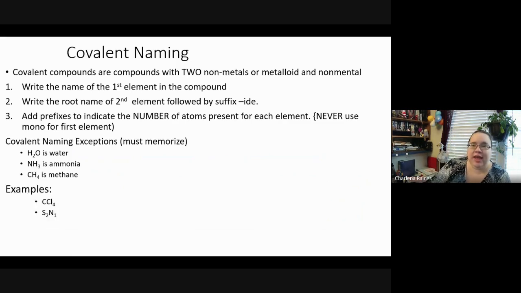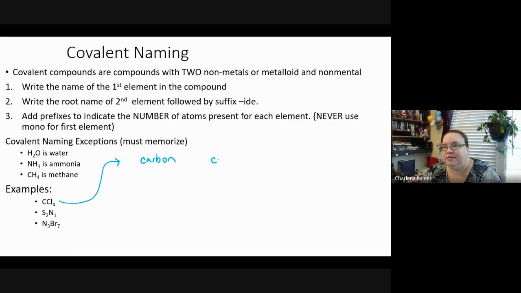So let's look at three quick examples. So example number 1, CCl3. So notice two uppercase letters. Covalent compounds are all binary. They all have two atoms. So I'll write the name of the first element, carbon, write the name of the second element, chloride, and then I add my prefixes.